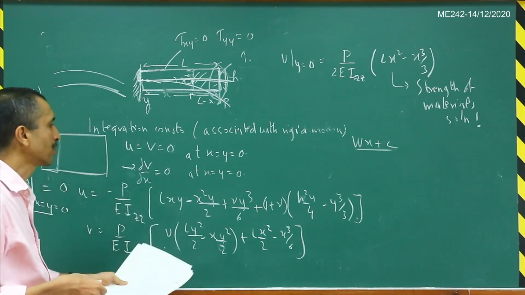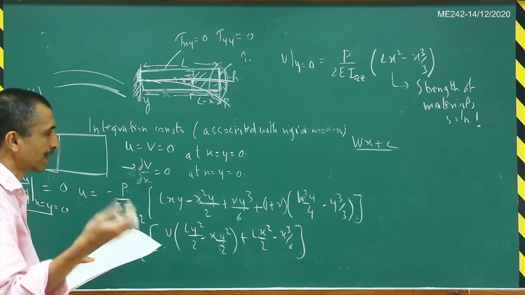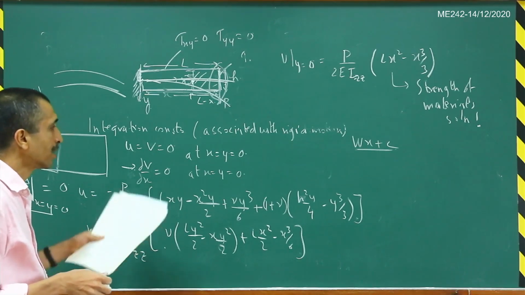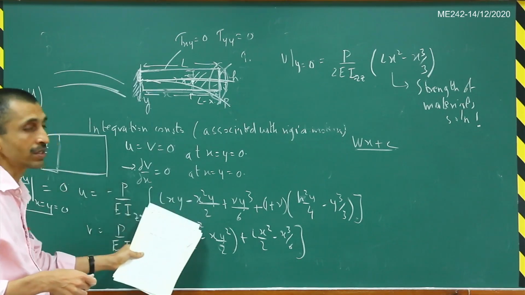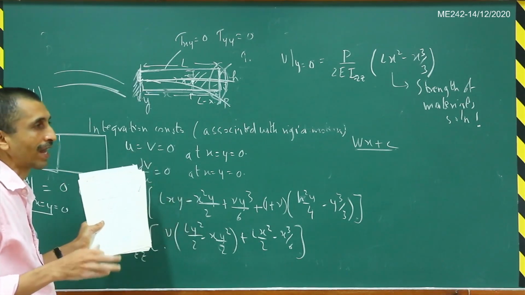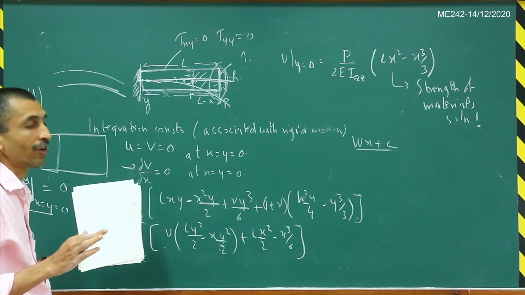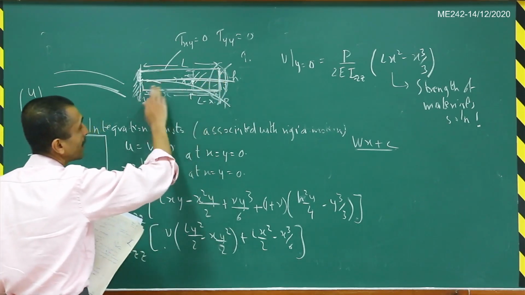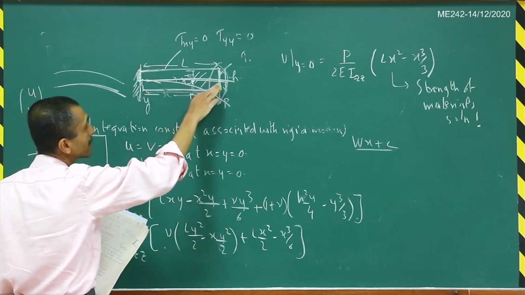Once you have this exact solution, you can proceed to those different things. All these solutions, I will emphasize, are valid only when your deformations are small. That means the displacement and the displacement gradients are small.